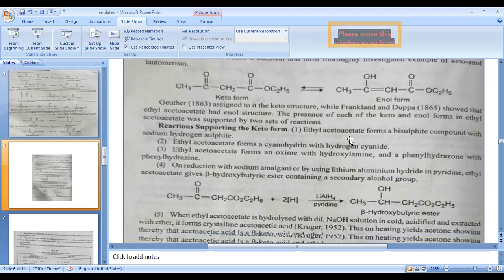Now, ethyl acetoacetate forms a bisulfite compound with sodium hydrogen sulfite. Which type of compound forms a bisulfite compound? A carbonyl compound.